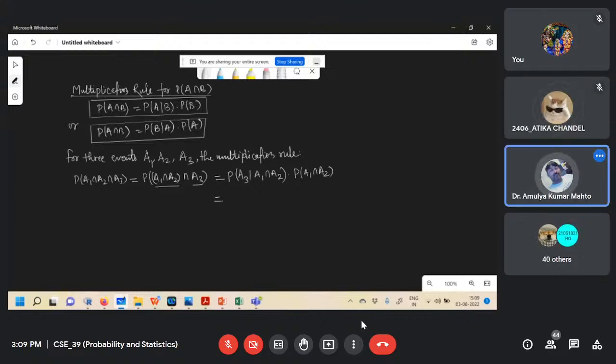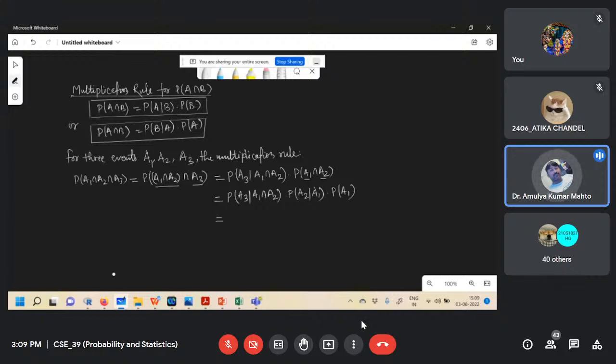Next, you can see that here we have two events, A1 and A2. So again, you can rewrite this as, let me write this first term as it is, and then use the multiplication rule for two events. So this can be written as probability of A2 given A1, into probability of A1.